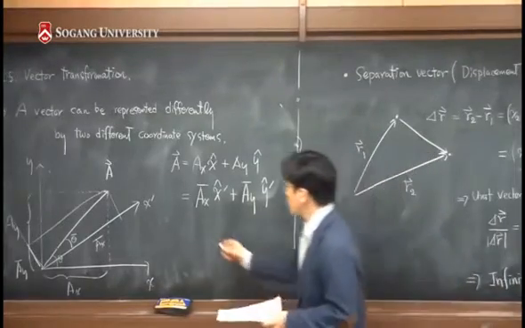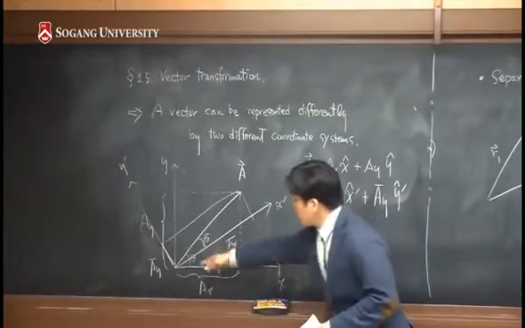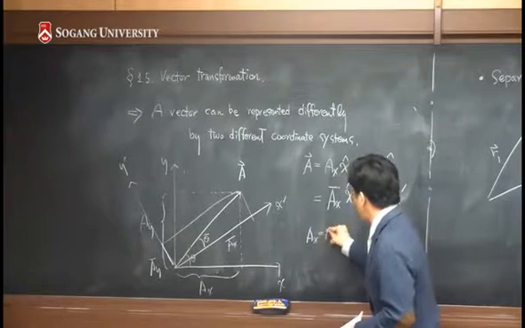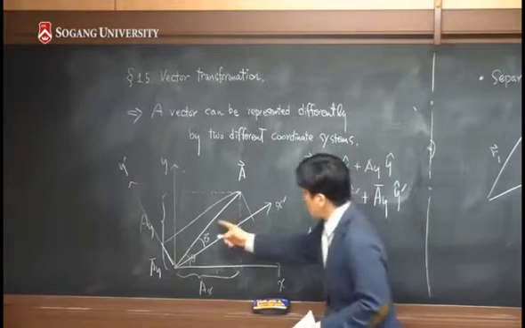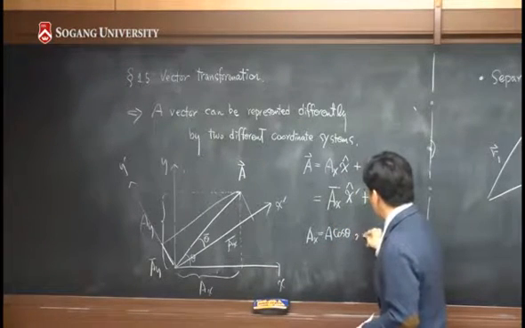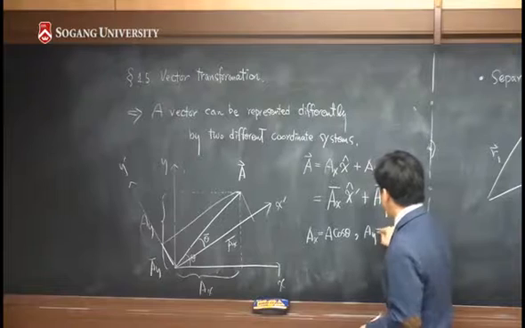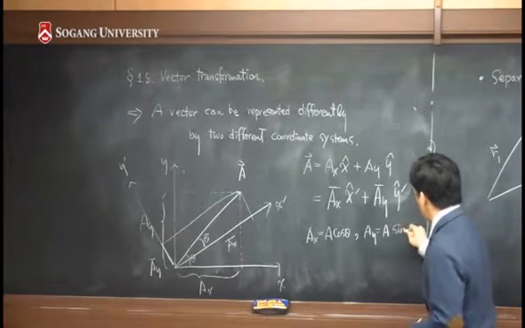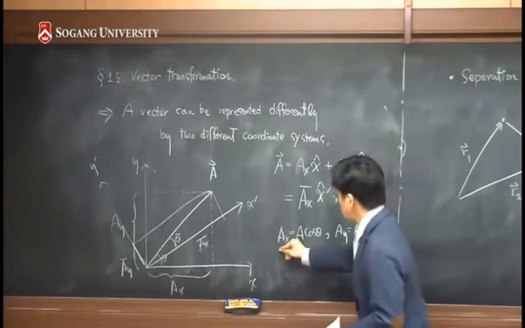Using theta, you know that ax is the magnitude of a times cosine theta, and ay is the magnitude times sine theta, like this.